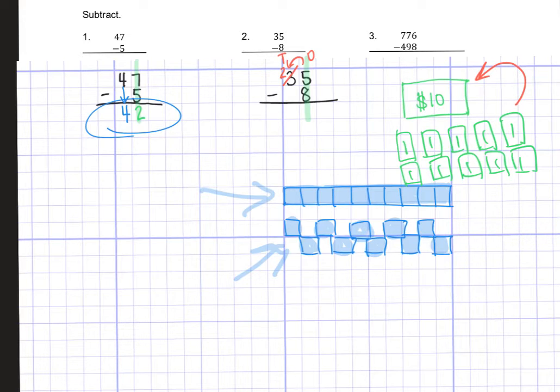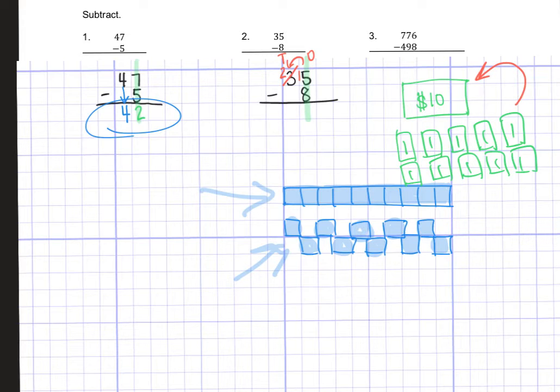So I'm taking 10 away from the tens group, but really I'm not taking 10 away, I'm taking 1 ten away from it. So 3 goes down to 2, but I'm adding 10 to the ones group, in ones. So 5 really turns to 15.